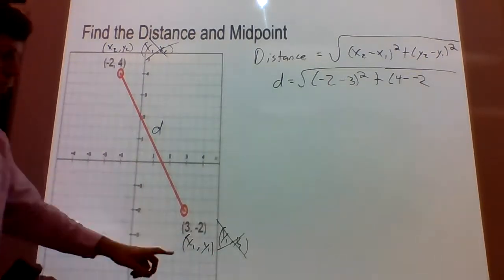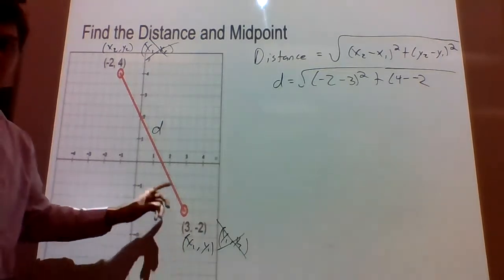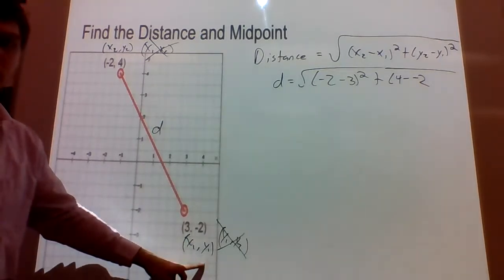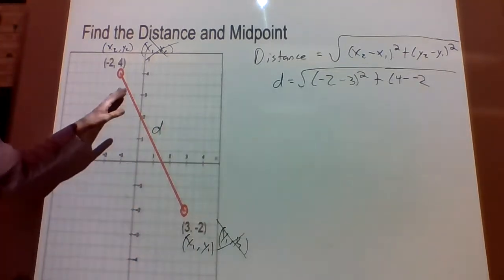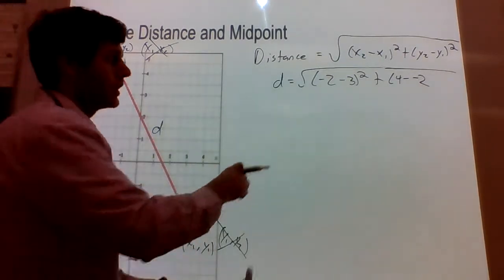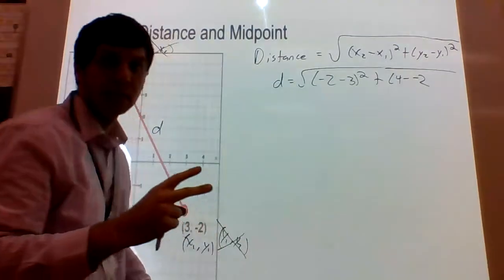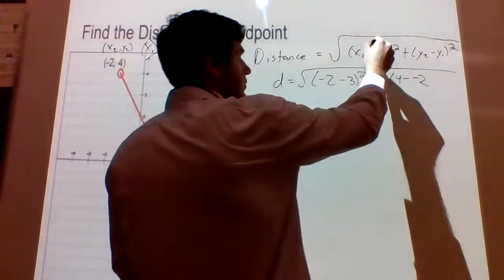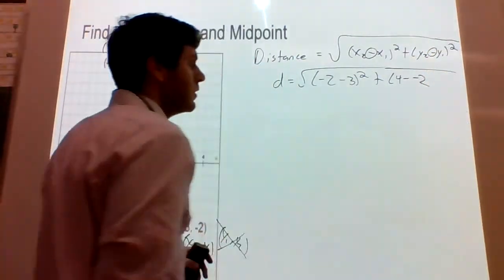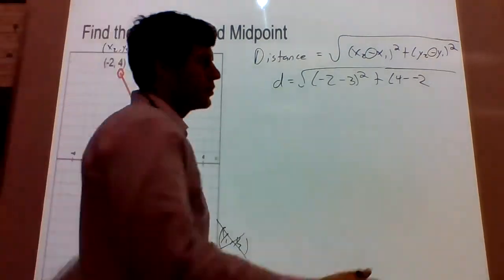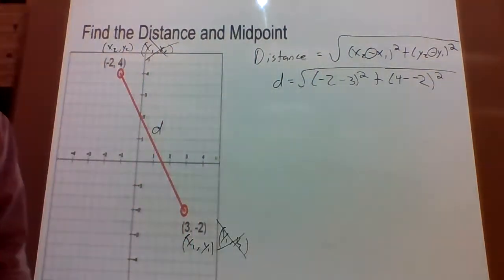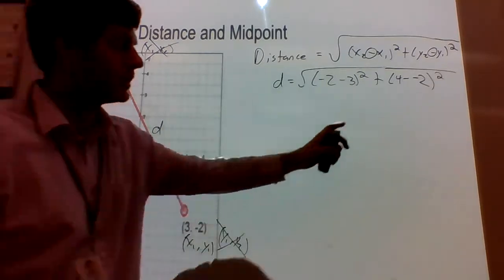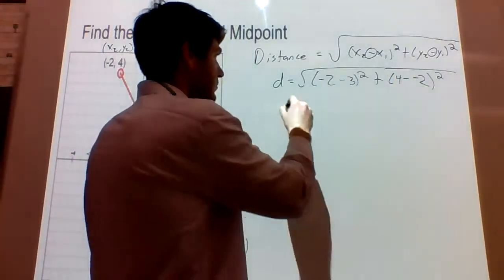Doesn't matter which one's which, but the first one's x, second one's y, but this can be x1, y1, or x2, y2. That part doesn't matter. The second big mistake you guys make is you don't carry down your negatives. A lot of you would put 3 minus 2, or 4 minus 2 instead of 4 minus a -2. So you got to make sure you carry down your negatives.